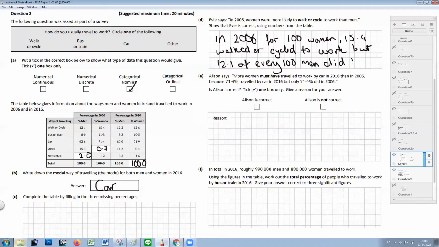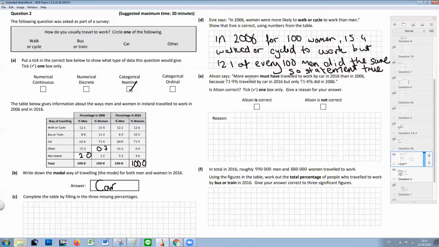So her statement is true. That's kind of all you have to say for that. For every 100 women, 15.4 were willing to walk or cycle. For the same number of men, it was only 12.1 in 2006.